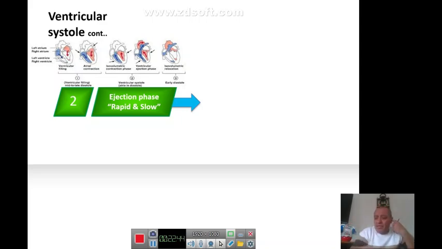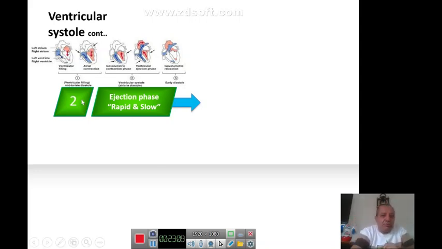We hear the first heart sound, which is the lap, and then the pressure inside the ventricle should reach maximum. And we said what's the meaning of maximum? It means more than the pressure inside the aorta, and more than the pressure inside the pulmonary artery.